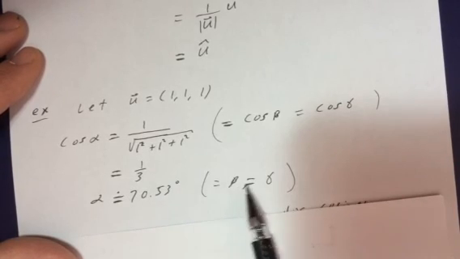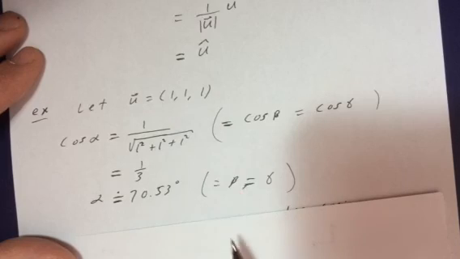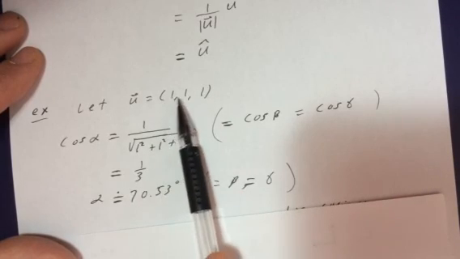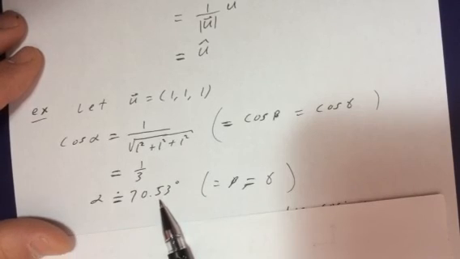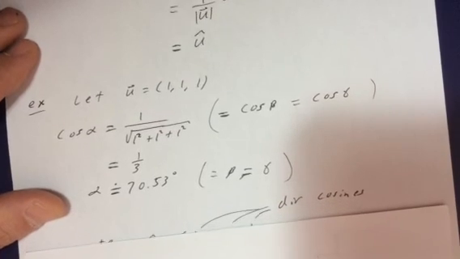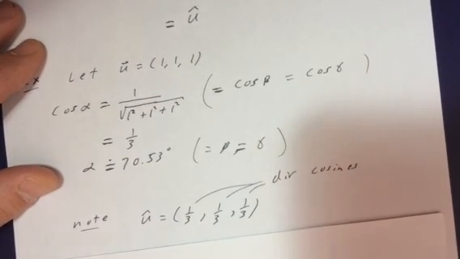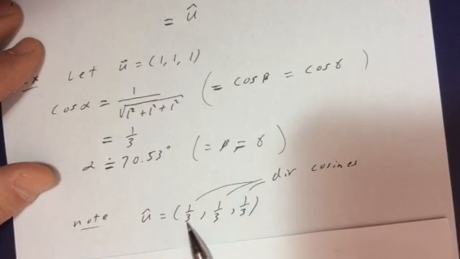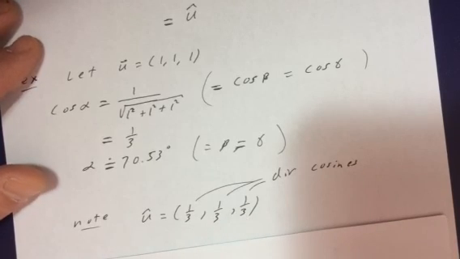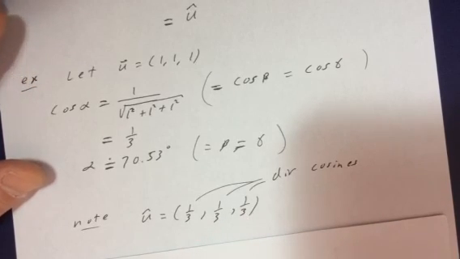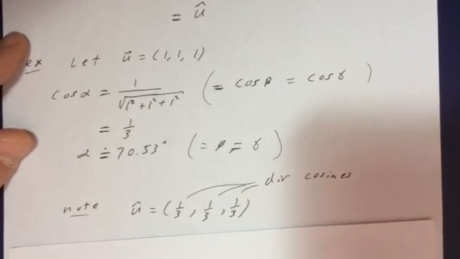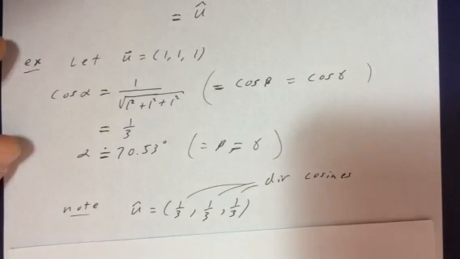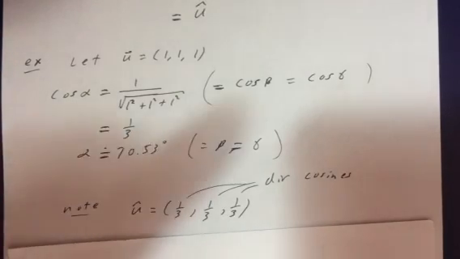And that's going to be the angle with each of the axes because the coordinates are all the same. So the vector 1, 1, 1 has the same angle, approximately, with the x, the y, and the z-axis. And 1 over root 3 for each coordinate is a unit vector, and it's the unit vector in the direction of u. Okay, so that's it for part 2 of dot product and projection.